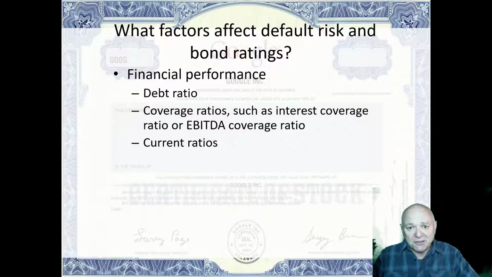Some of the common factors include things like the debt ratio, the debt to equity or the debt to asset ratio. There's no single right number for this, but the important thing is that the company is able to sustain 1 or 2 years perhaps of losses and not lose all of the shareholders' money, so that there's an equity cushion there to protect the bond investors.